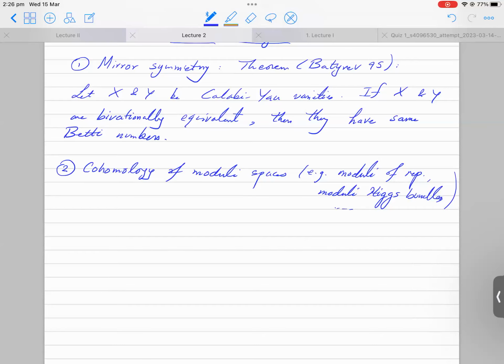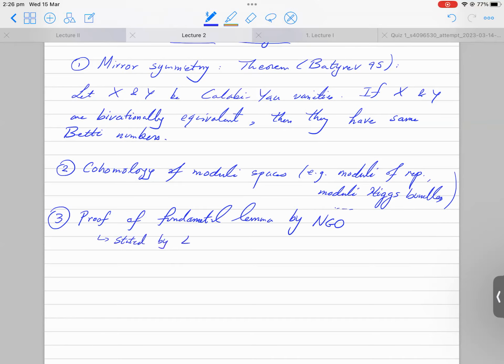So the third element was the proof of the fundamental lemma by Ngo. The fundamental lemma was something that was stated first by Langlands.